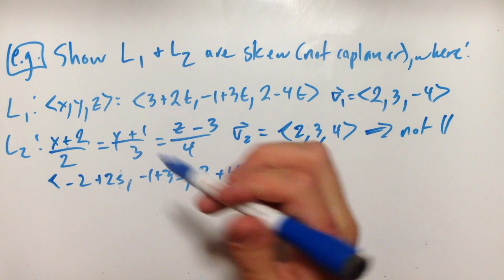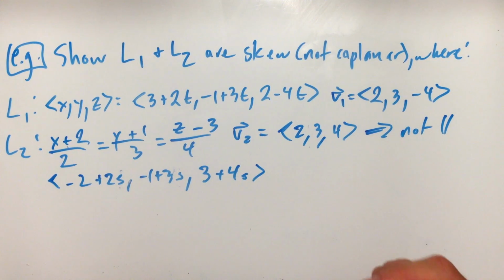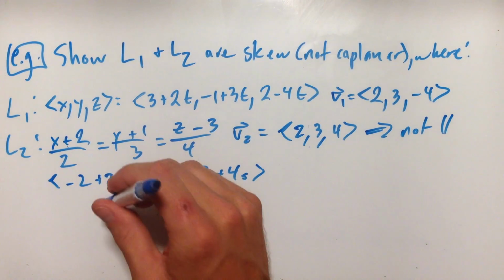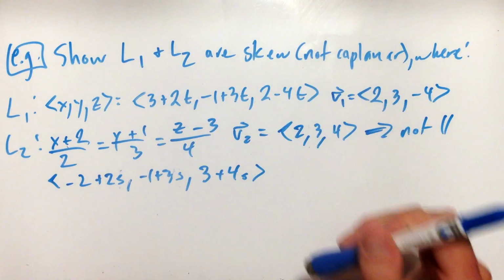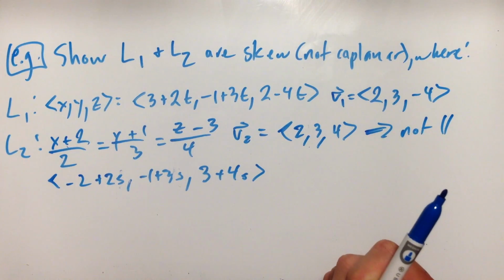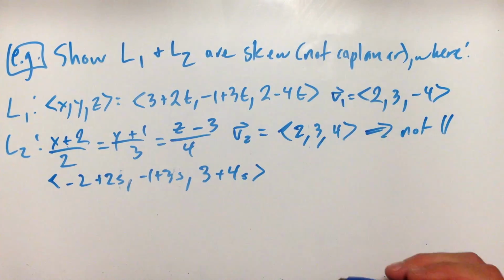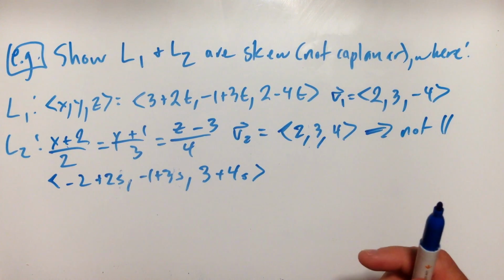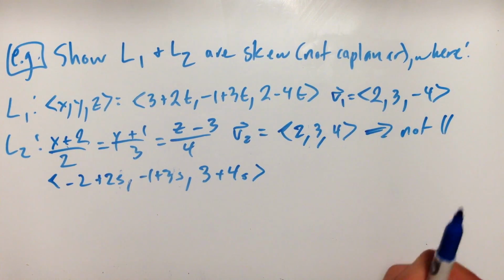All we're asking is, is there any place where L1 and L2 intersect each other? That doesn't mean that whatever parameter I've got here for L2 and whatever parameter I've got here for L1 have to be the same. They don't have to be the same value. I mean, a single line could have a number of different parameterizations, with different values of t giving the same point.